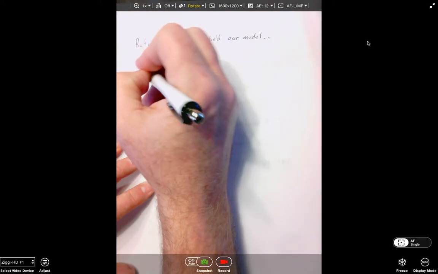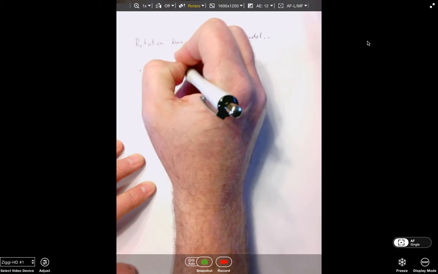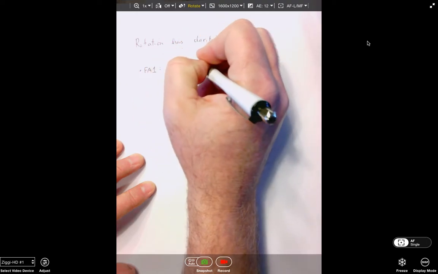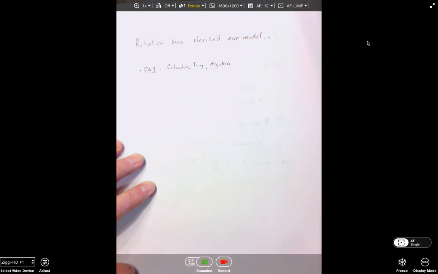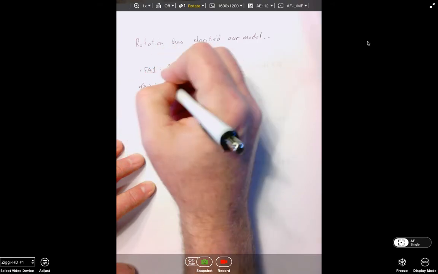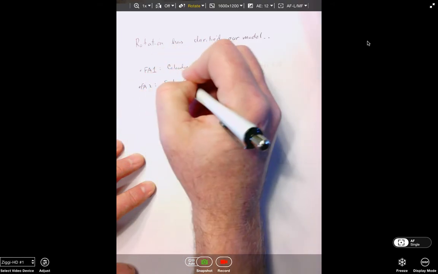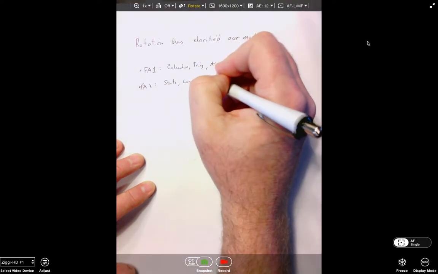So factor 1 loaded calculus, trig, and algebra, while factor 2 loaded stats, logic, and problem solving.